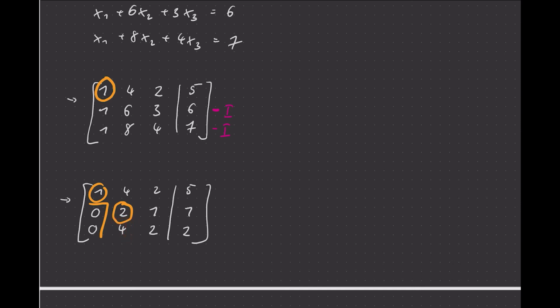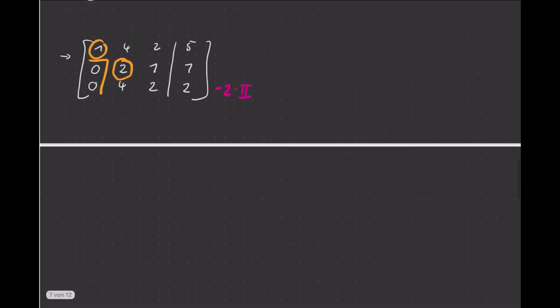To do that, we have to subtract the second row from the third with a factor of 2. So that's minus 2 times the second row. And that yields the following result.